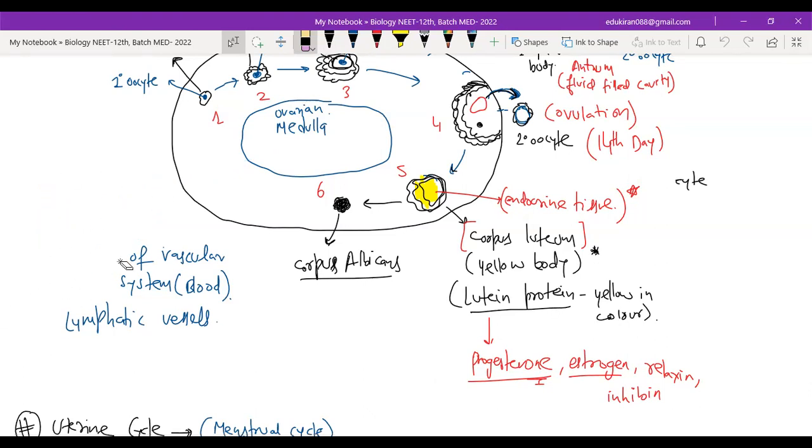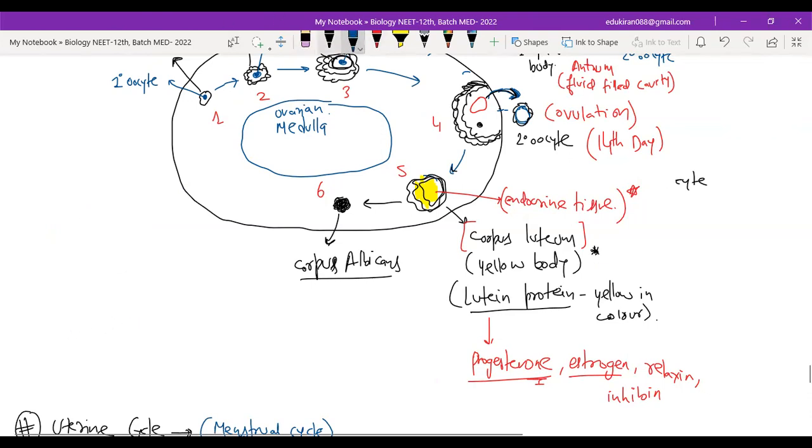So the first phase is called the follicular phase or pre-ovulatory phase. As the name suggests, it is follicular, which means the follicle development is happening.